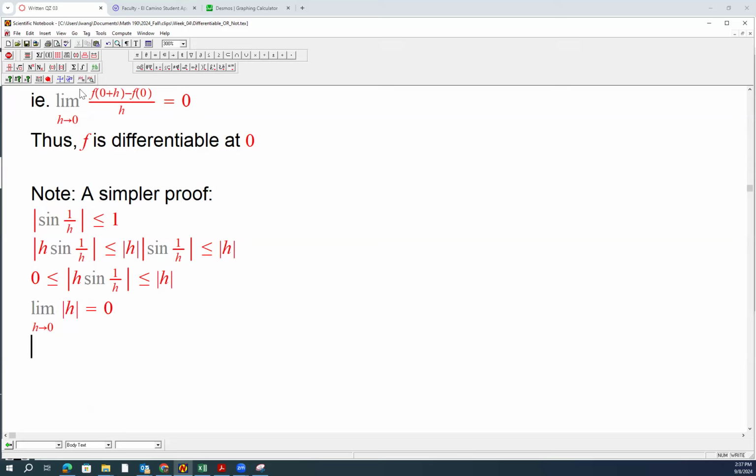And therefore, by the squeeze theorem, this limit of the absolute value is 0.